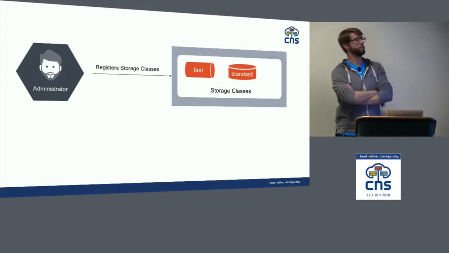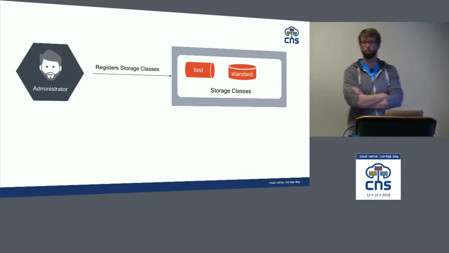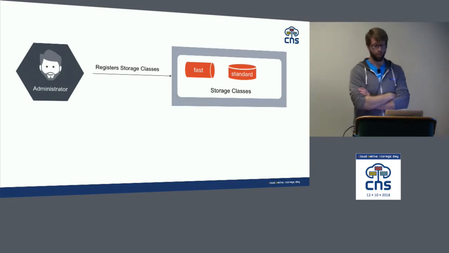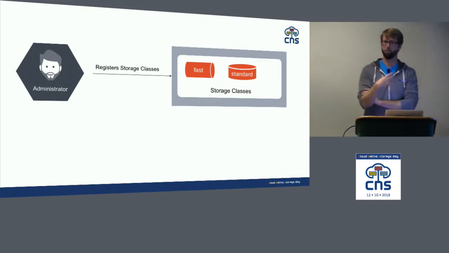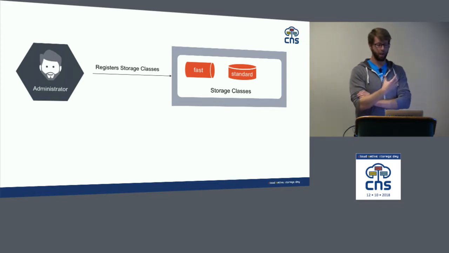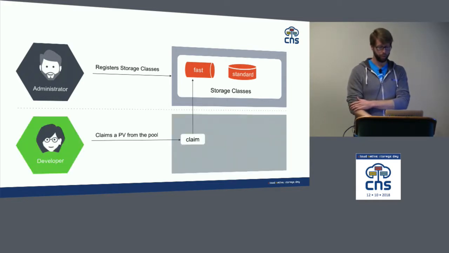You can think of those as a blueprint for how storage will be created when the pod actually needs it. Here our administrator has created two storage classes, one a fast profile using high performance storage, and then a standard storage class for normal, middle tier storage performance.